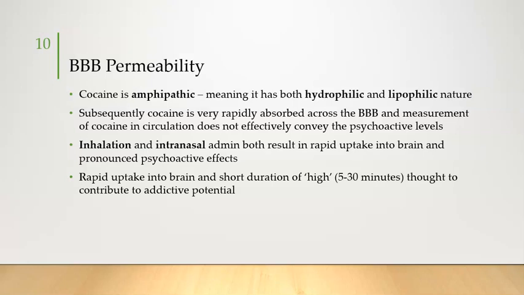So one side of the molecule is hydrophilic, another side is lipophilic. So depending on how it turns around, it's able to cross whatever membranes it wants. And because of this, it will cross and be absorbed across that blood-brain barrier very quickly.